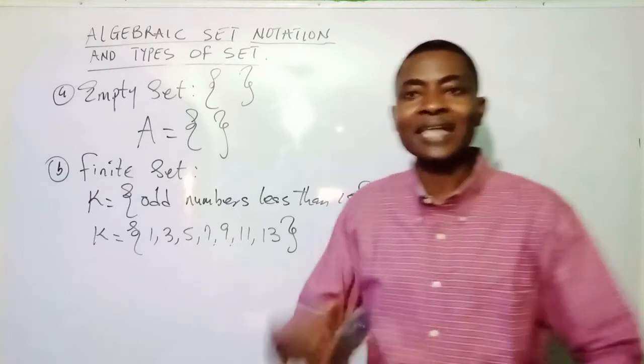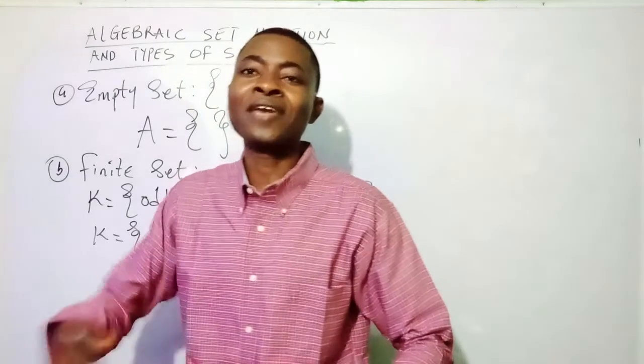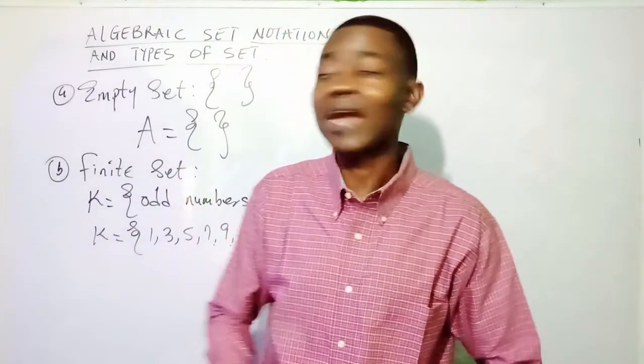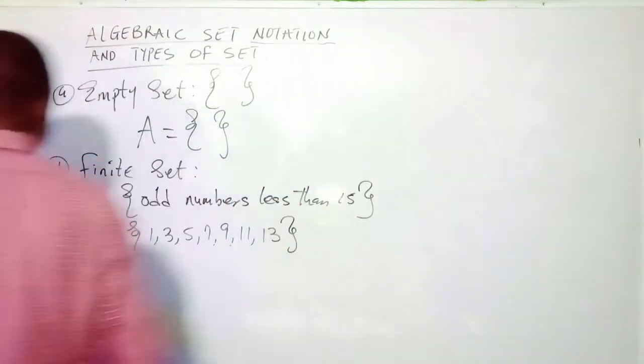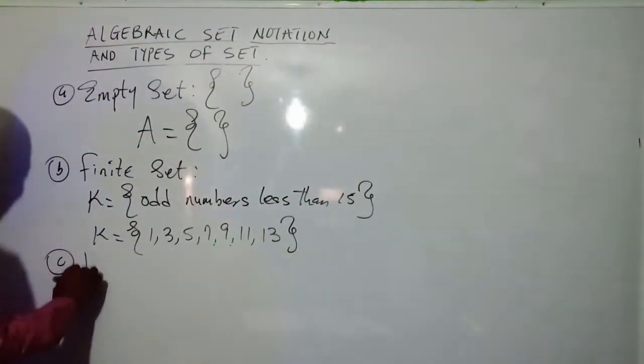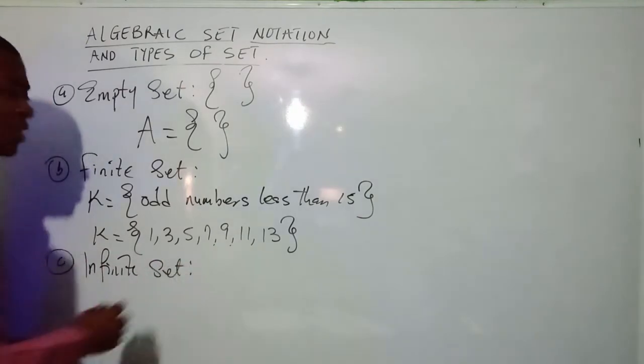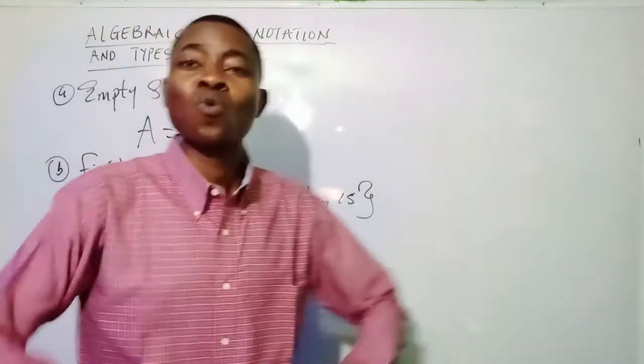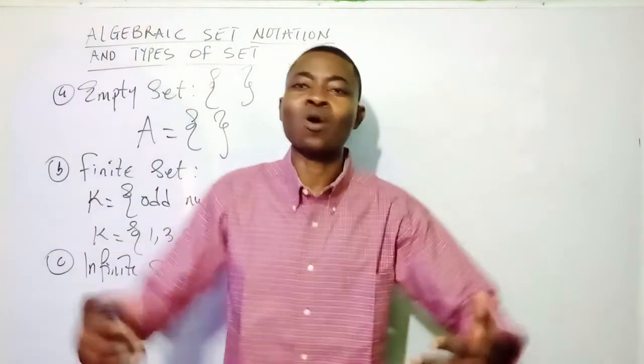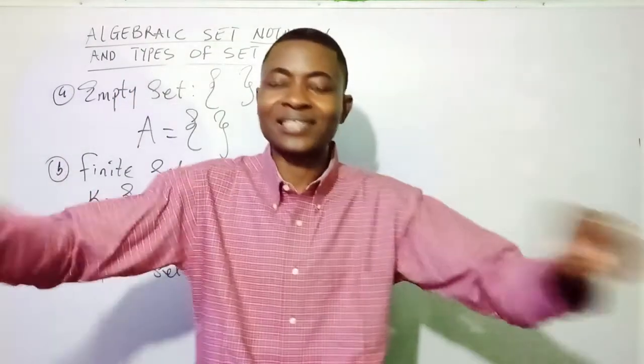Now, the next type of set we'll be talking about is the infinite set. Just from the name, an infinite set means that we cannot list out all the elements in that set.